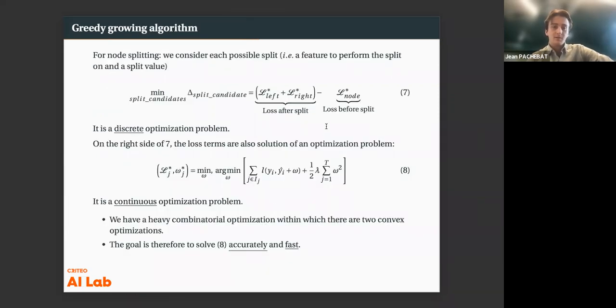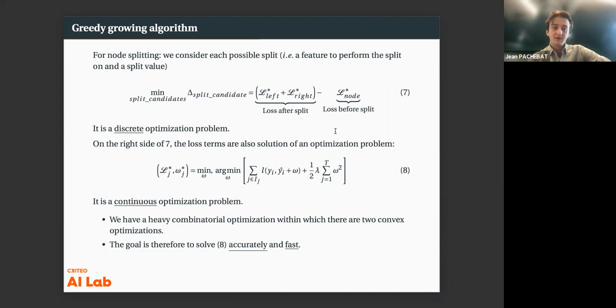In more mathematical terms, if we consider splitting one node, we consider each possible split, which means choosing a feature to perform the split and a split value for this feature. We are trying to find the minimum of the loss prediction, which is the loss after the split minus the loss before the split, over all the split candidates that we are looking at.